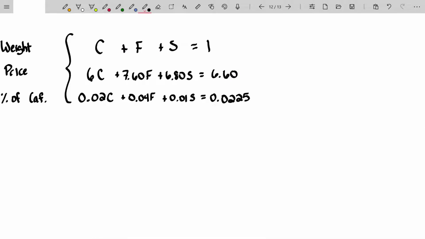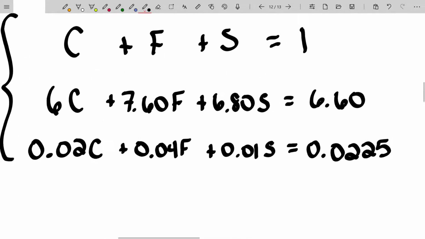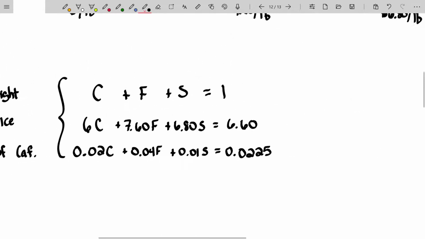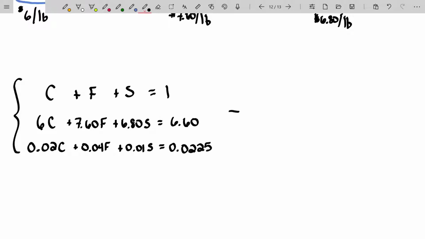And the first thing I'm going to do, honestly, is get rid of decimals. I'm going to multiply each equation by the minimum multiplier so that I get rid of decimals. So for example, in the second equation, I'm going to multiply everything by 10 because that will get rid of all decimals. So this system will then look like C plus F plus S is equal to 1.